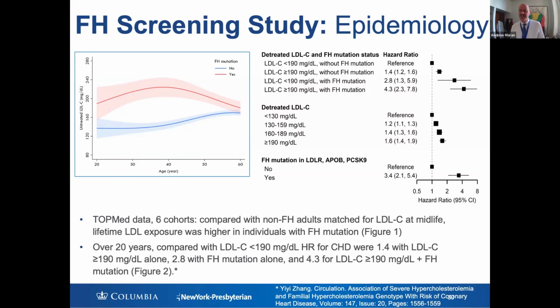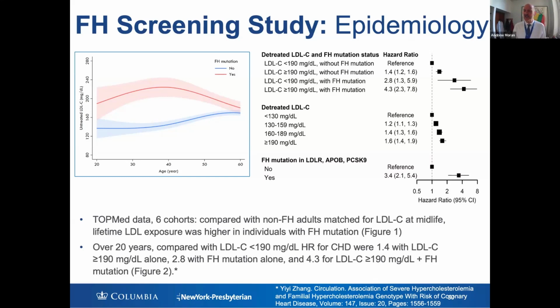But what's interesting in these results is the contribution of having an FH genetic mutation, so the genotype on top of phenotype. Even if a person has an LDL cholesterol below 190, more in the range of 130 to 189, those people have a higher risk than people with very high LDL cholesterol above 190 but without the genetic mutation.